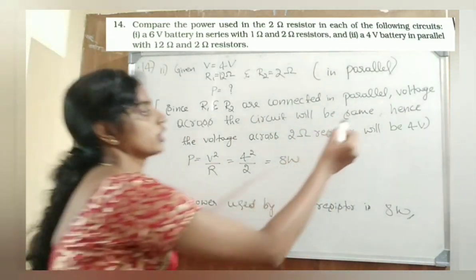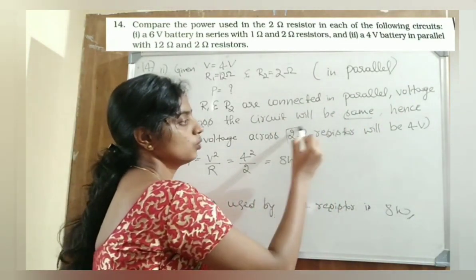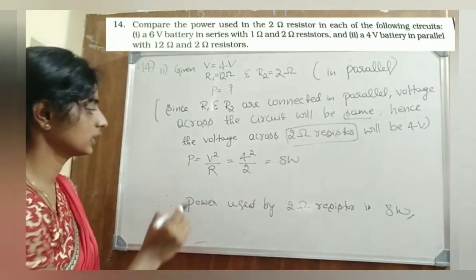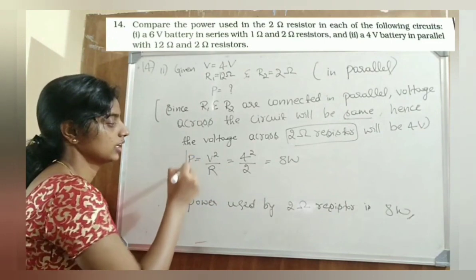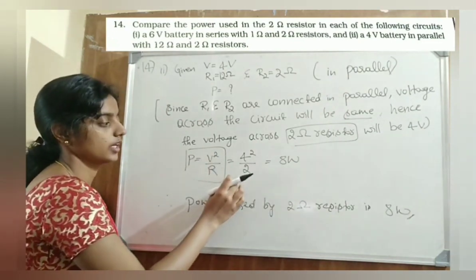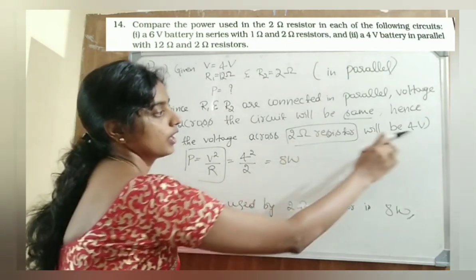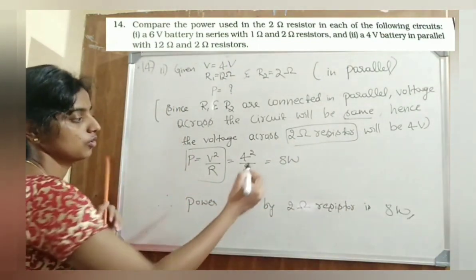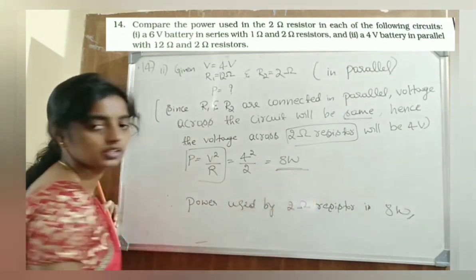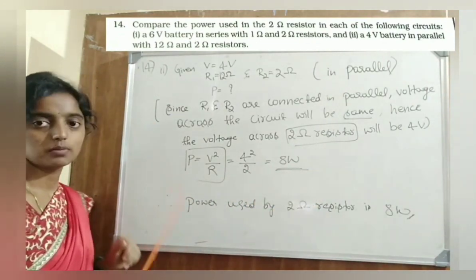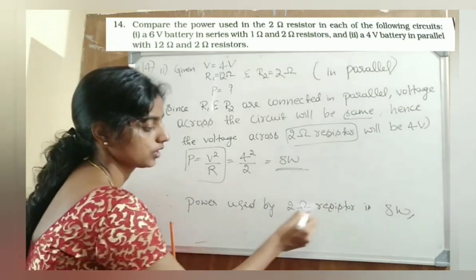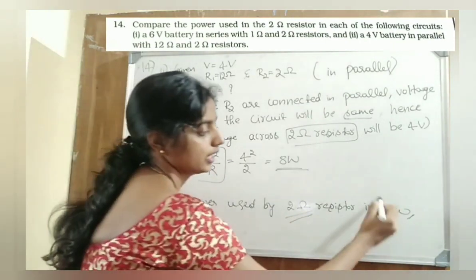Hence, the voltage across the 2 ohm resistor will be 4 volt. So we'll take the equation for power as V square divided by R. Directly substitute 2 ohm and 4 volt. 4 square divided by 2, we will get 8 watt. Hence what we observed in both cases is that the power used by the 2 ohm resistor is 8 watt.